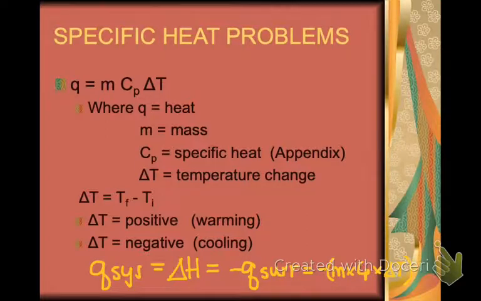So the Q of the system equals the delta H. The Q of the system also equals the negative Q of the surroundings because they're equal and opposite in magnitude.